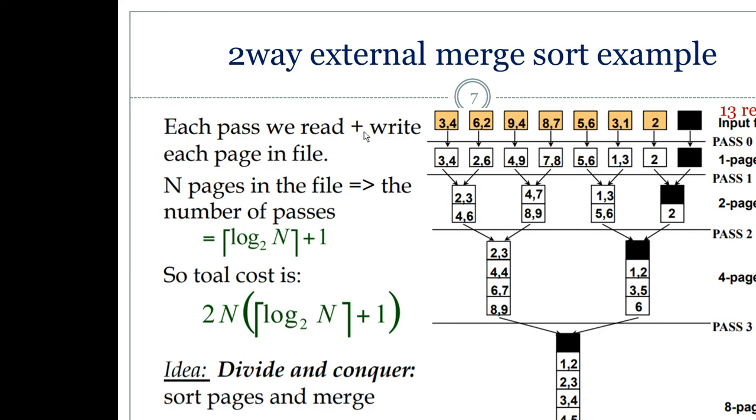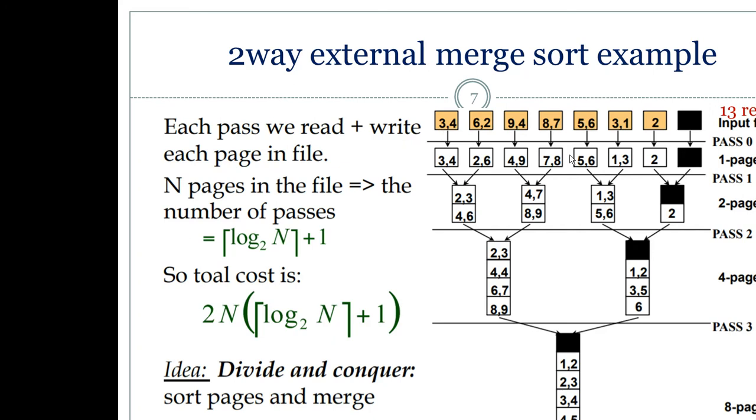Next, records 4 and 6 will be considered, 4 is smaller, so 4 will be written onto the output buffer, then 6 will be written onto the output buffer. Now again the output buffer is full, so that will be written back onto secondary memory and the output buffer is empty. Likewise the third run and fourth run will be combined and so on.